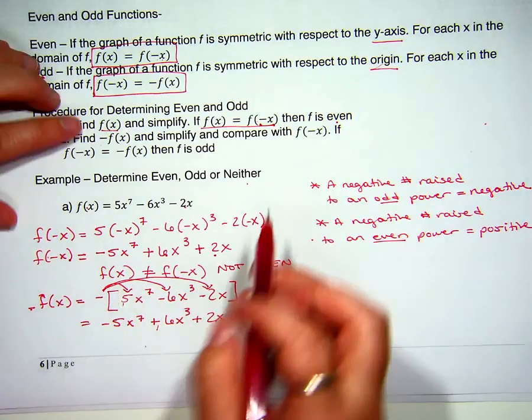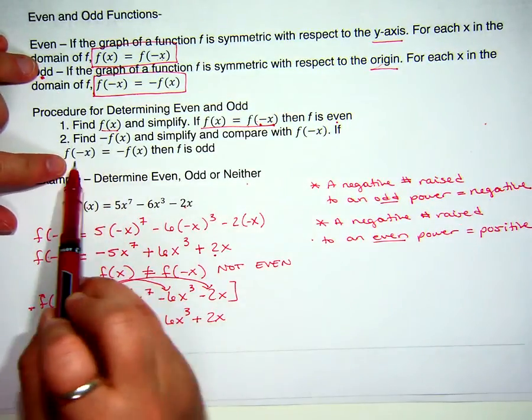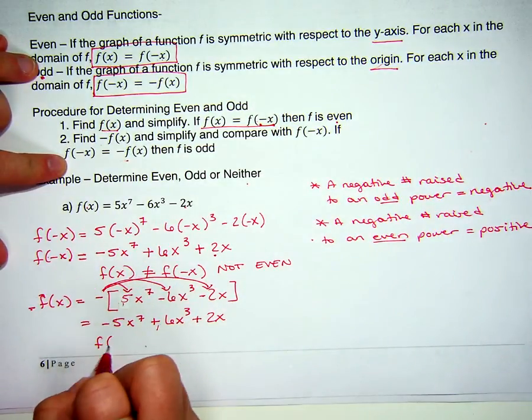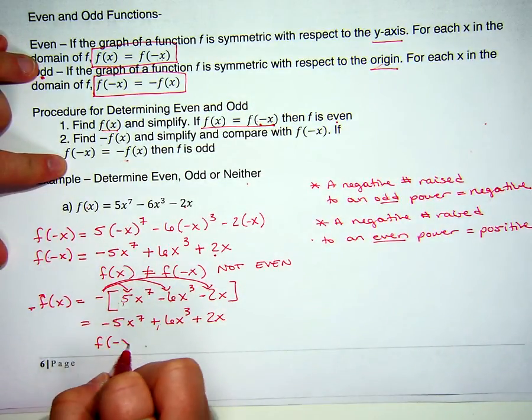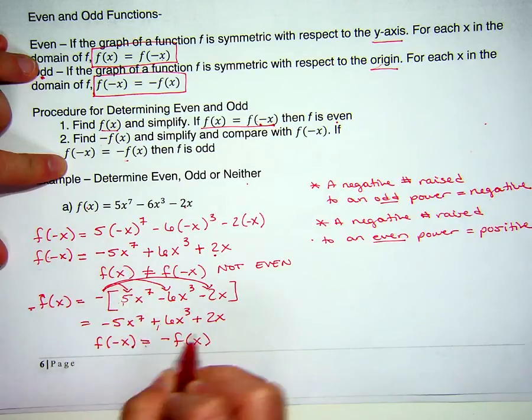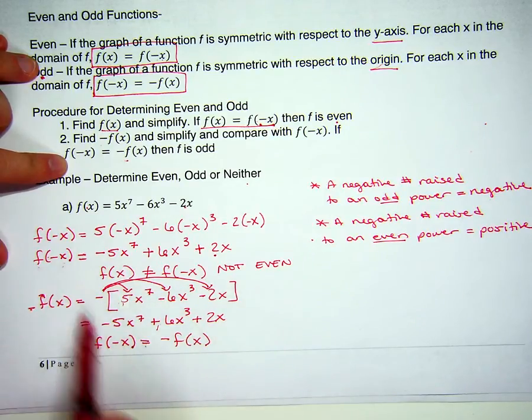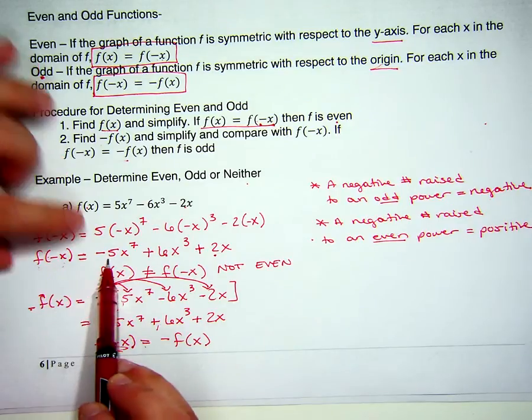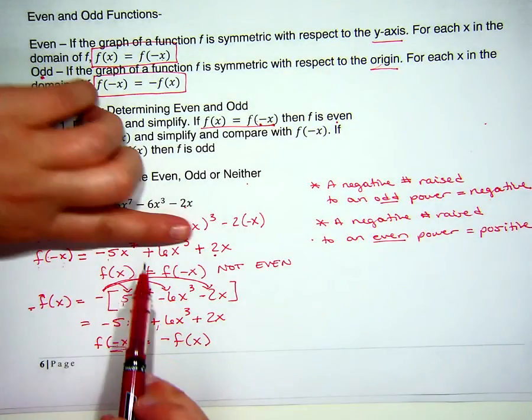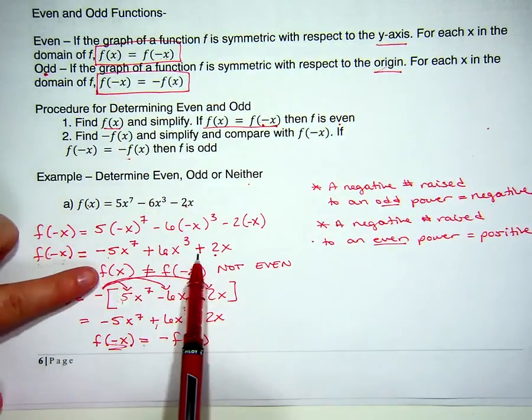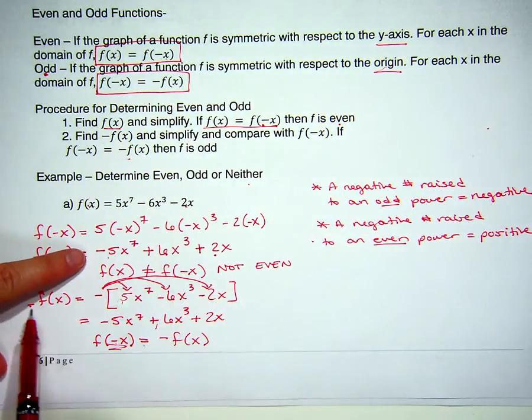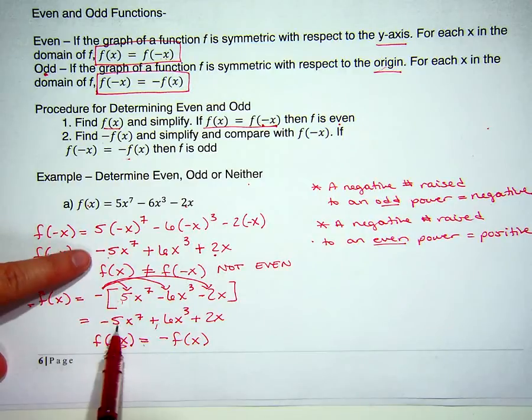I'm supposed to compare, I'm supposed to see if f of negative x is equal to negative f of x. Now, f of negative x is this function right here. Is this the same as if I negated each object? Do these two match?